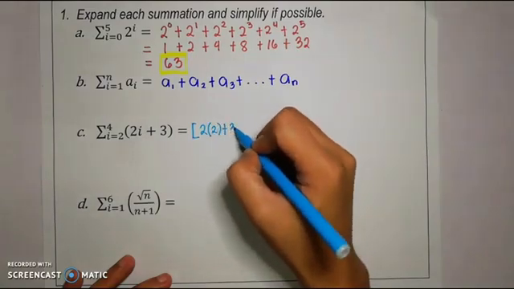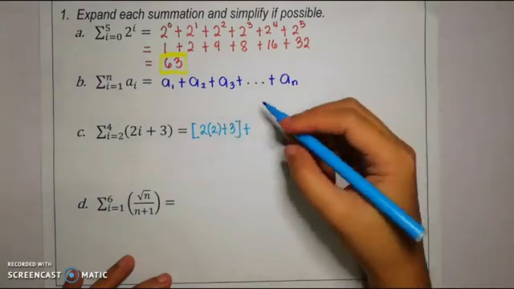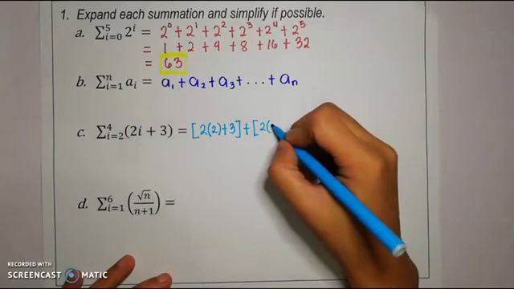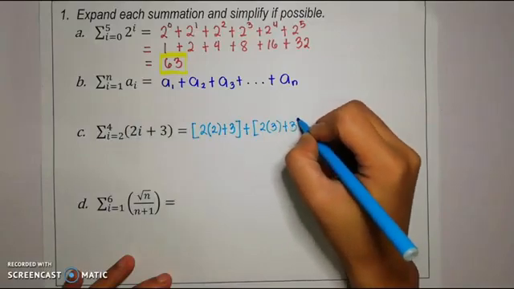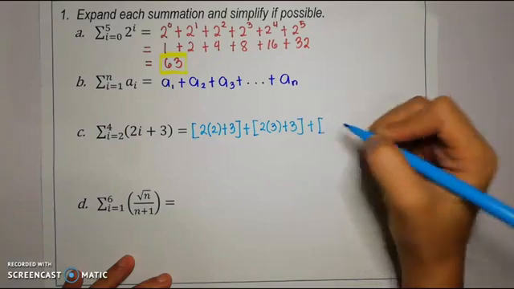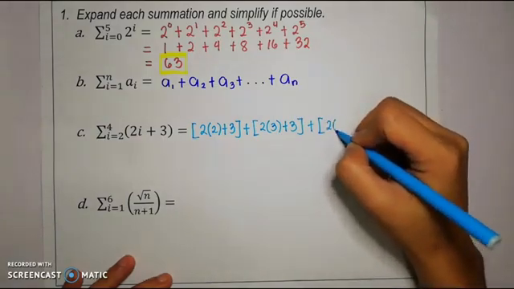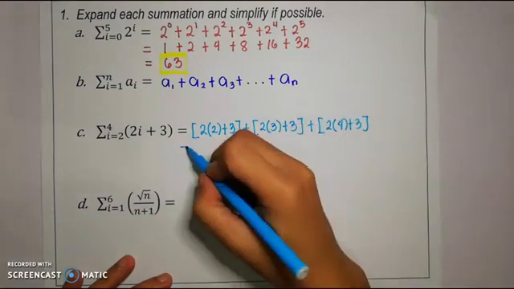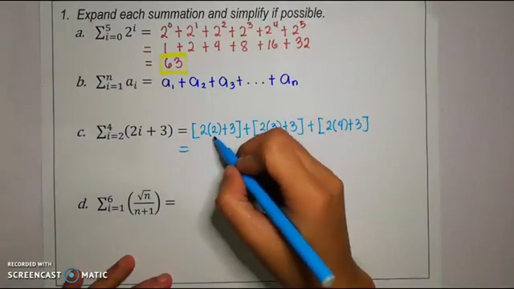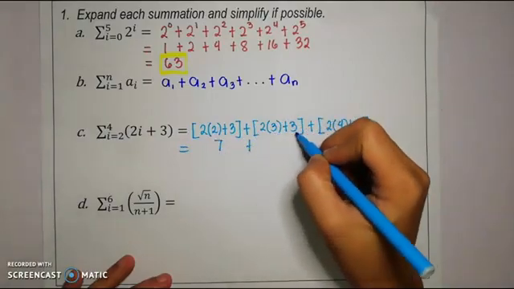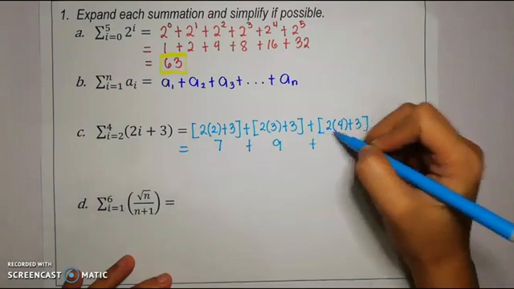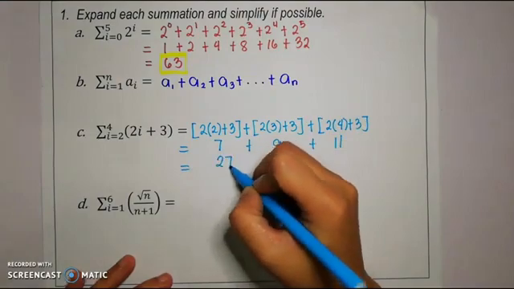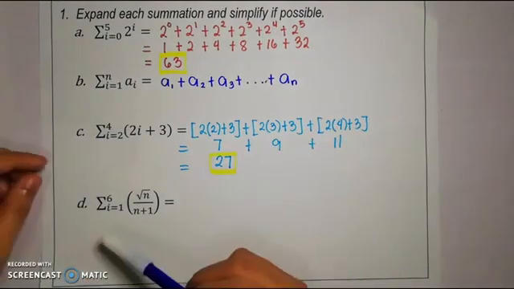So we have 2 times 2 plus 3 plus 2 times, add by 1, so we have 2 times 3 plus 3 plus, we will add again by 1, so we have 2 times 4 plus 3. Then after evaluating this, we have 2 times 2 plus 3 is 7, 2 times 3 plus 3 is 9, and 2 times 4 plus 3 is 11, which sums up to 27. So that's the sum of our series.